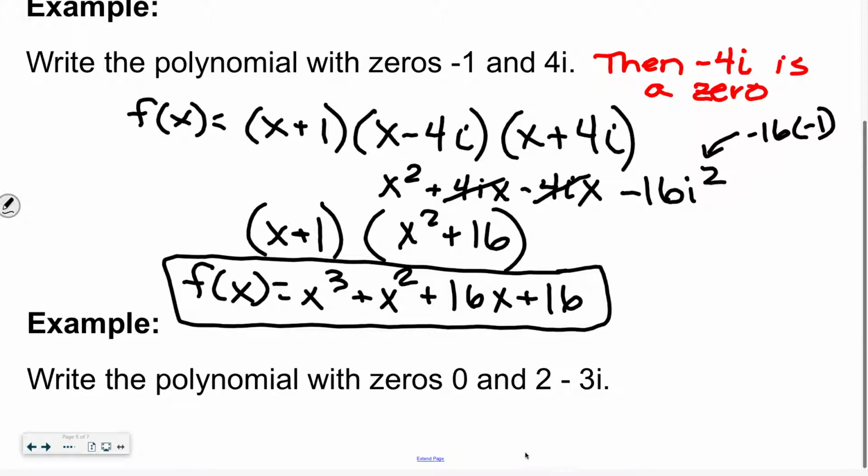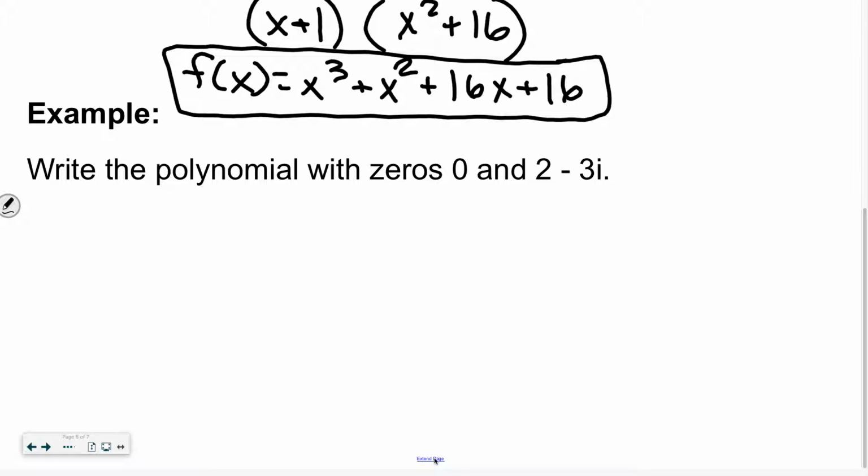Now, of course, we can expect there are some less nice ones when you actually have an a value with your i, right? So we'll just run through this one real fast. Should we do our mathematician shortcut or trinomial by trinomial? Shortcut. Okay. So if we have the zeros of 0 and 2 minus 3i, we can write out the factors.